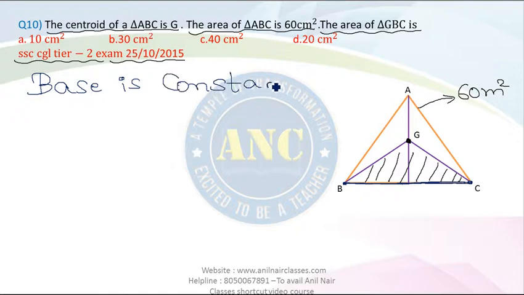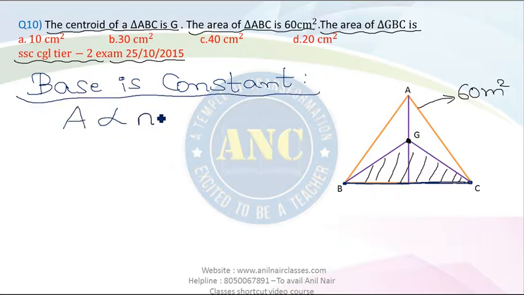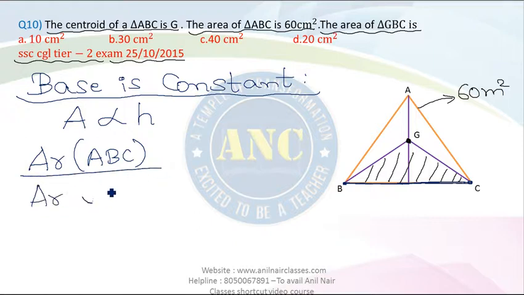Base is constant. Simple logic says that if the base is constant, area is proportional to height. That means the area of the bigger triangle ABC divided by the area of the smaller triangle GBC is nothing but the height of the bigger triangle.